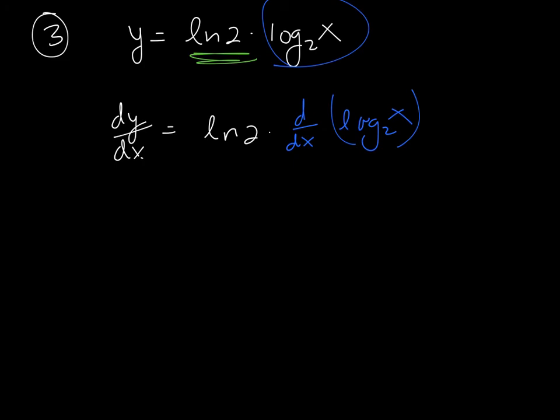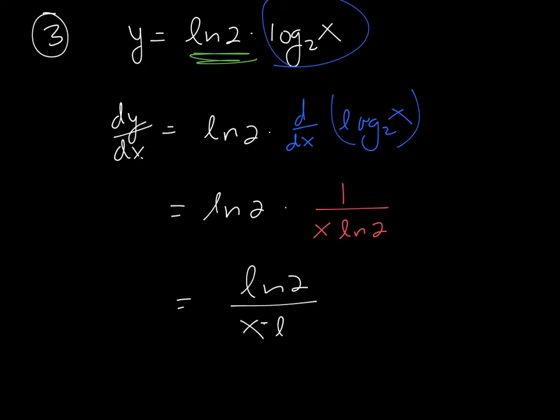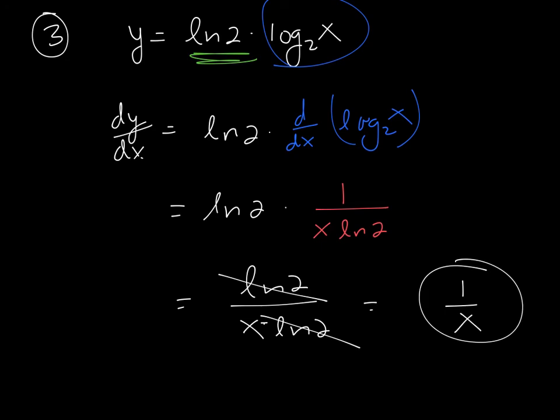And that goes back to our first rule for this section, because I just have a simple x, 1 over x natural log of 2. So I end up with natural log of 2 times 1 over x natural log of 2. Of course, that's natural log of 2 over x times natural log of 2. And the natural log of 2 on the top and the bottom cancel out, giving me 1 over x as my final answer for that.